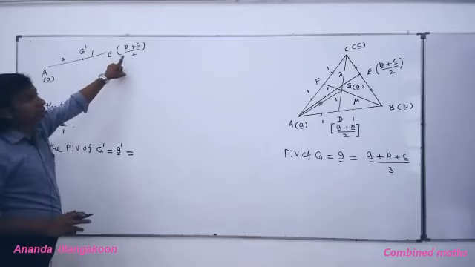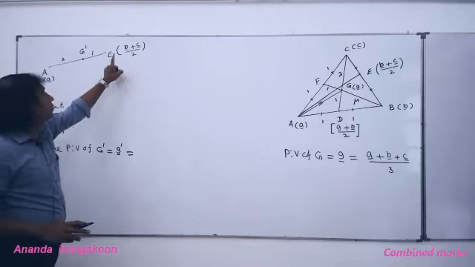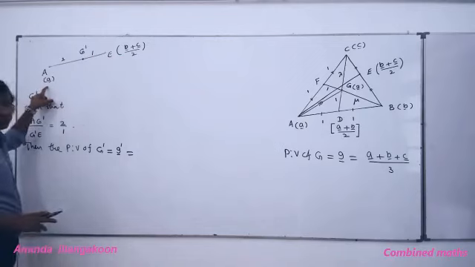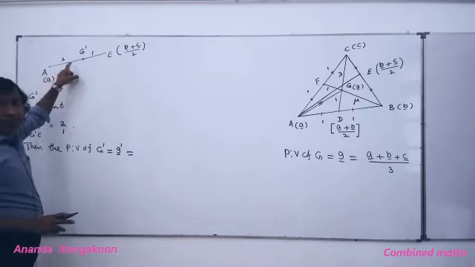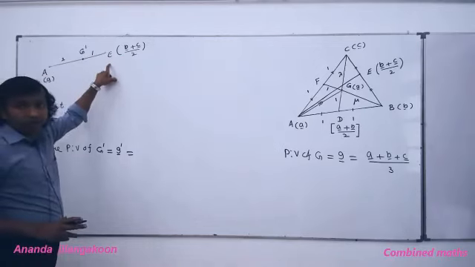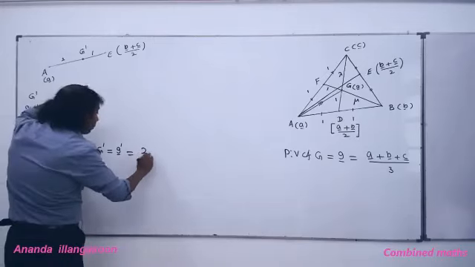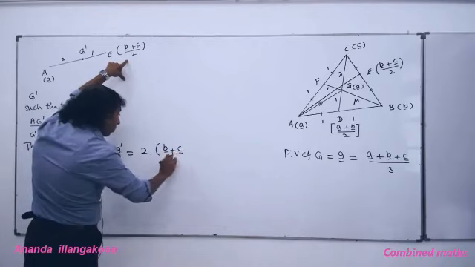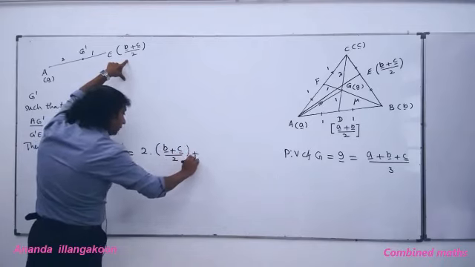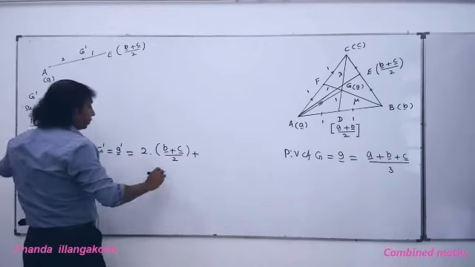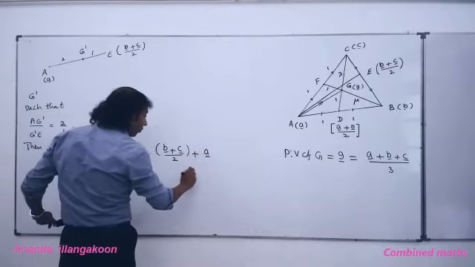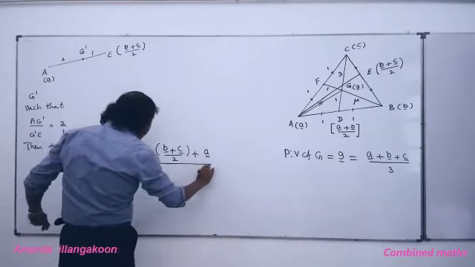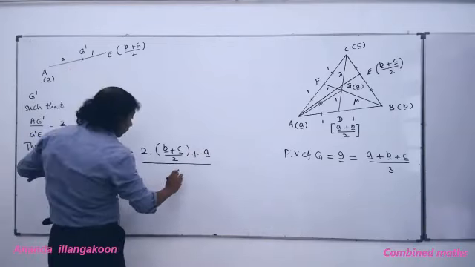2 times this side position vector plus 1 times this side position vector divided by the sum of the ratio figures, 2 plus 1. No? 2 times this side position vector plus 1 times this side position vector. 1 times A is A, divided by the sum of the ratios 2 plus 1 is 3.